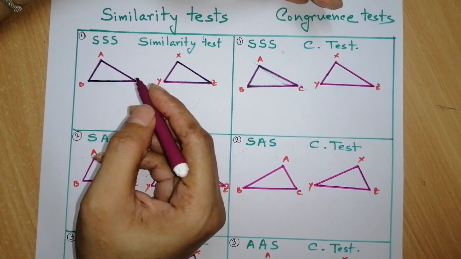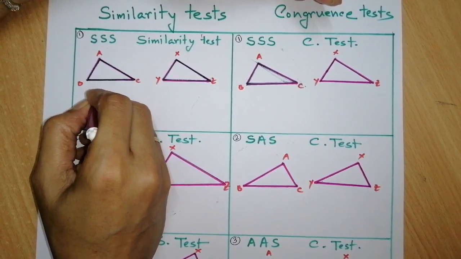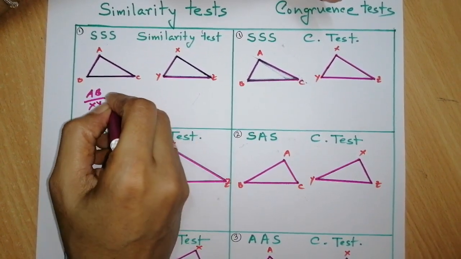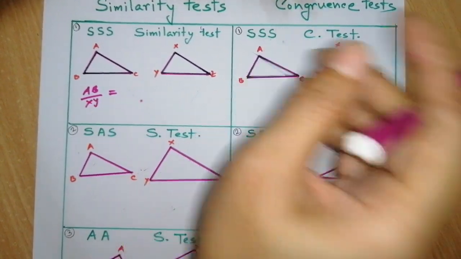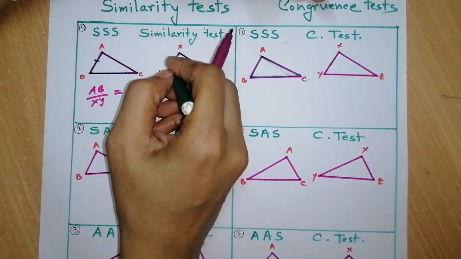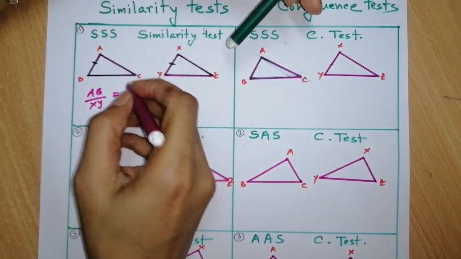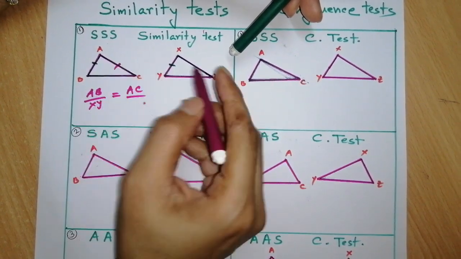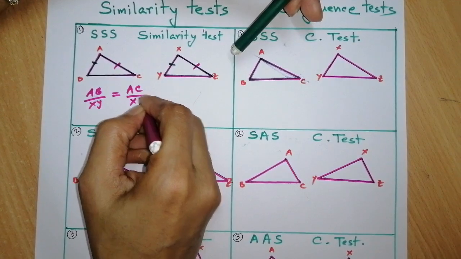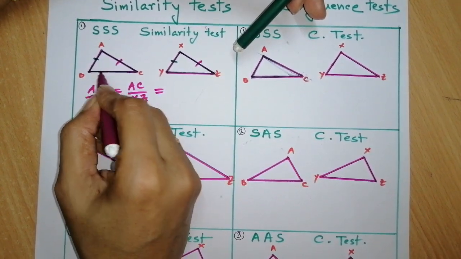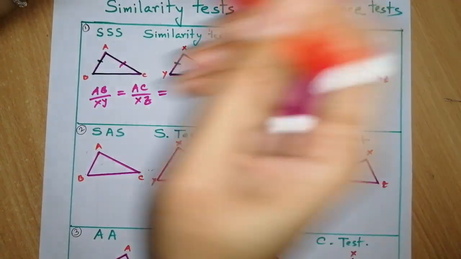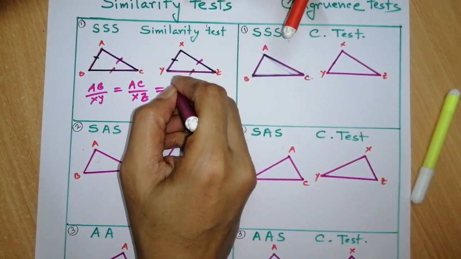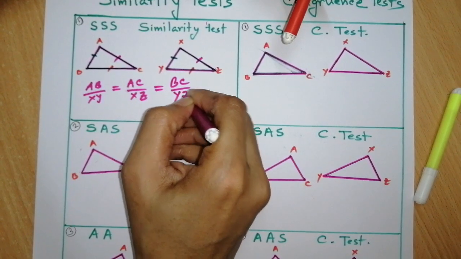The ratios of the corresponding sides: AB divided by XY equal to AC divided by XZ, equal to BC divided by YZ.